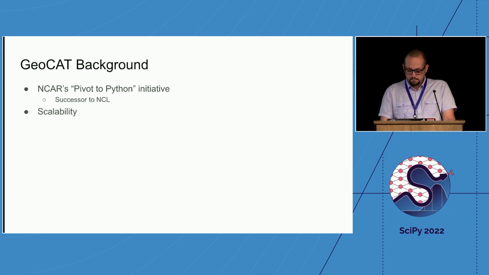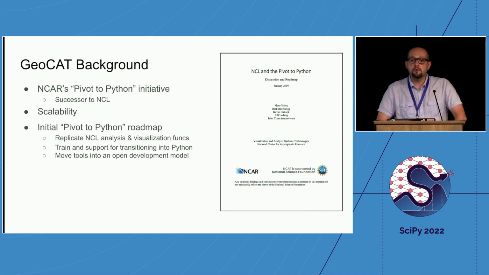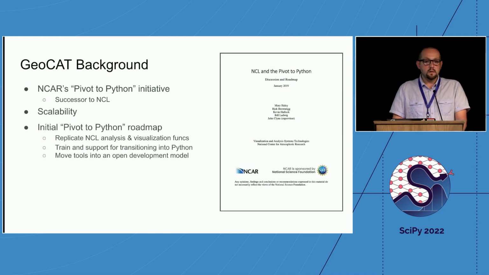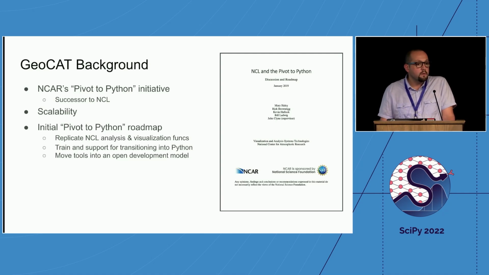So the GeoCAT team was formed as part of this initiative, and the Pivot to Python initiative itself has an initial two-year roadmap, which was replicating NCL's functionalities in not only the computational field, but also the visualization perspectives.